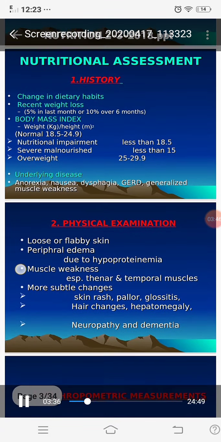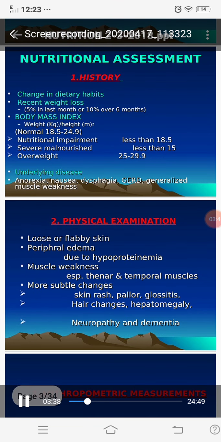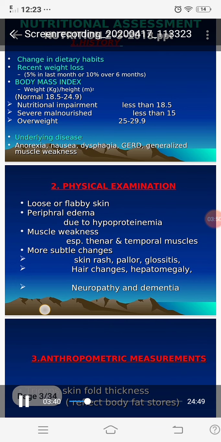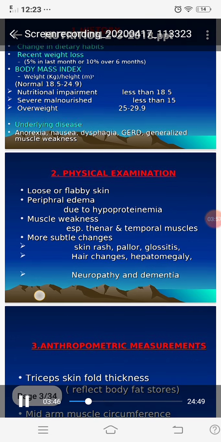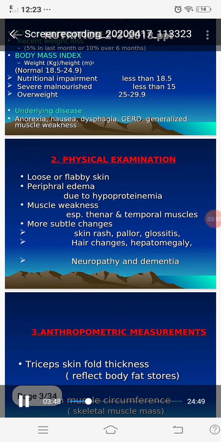Then do the physical examination. Check the skin. If the skin is loose and flabby, definitely there is loss of fat stores. Check peripheral edema. The most common cause of peripheral edema is hyponatremia. There are some other causes like kidney failure, liver failure.